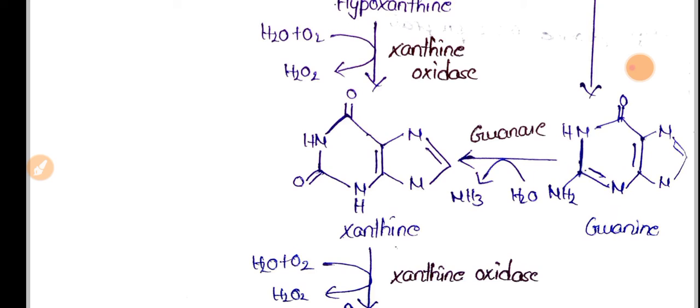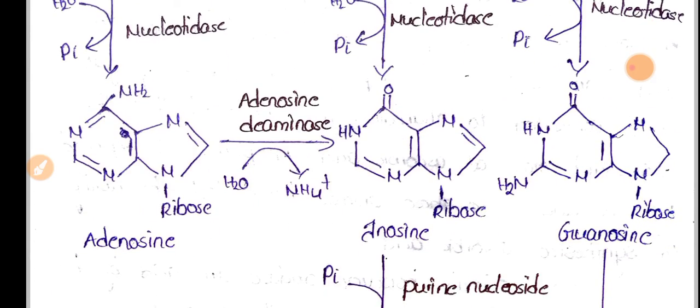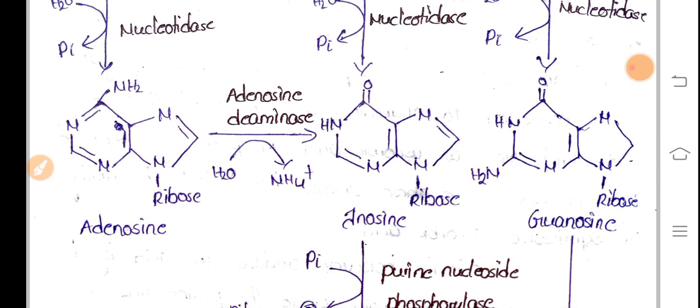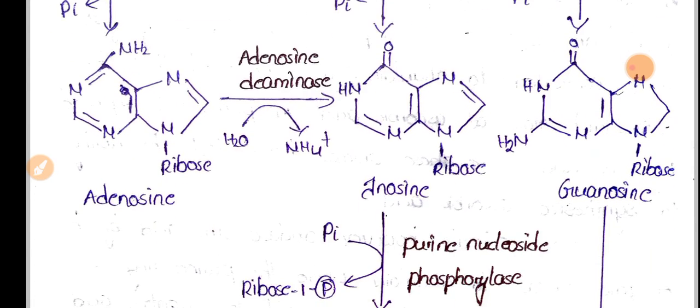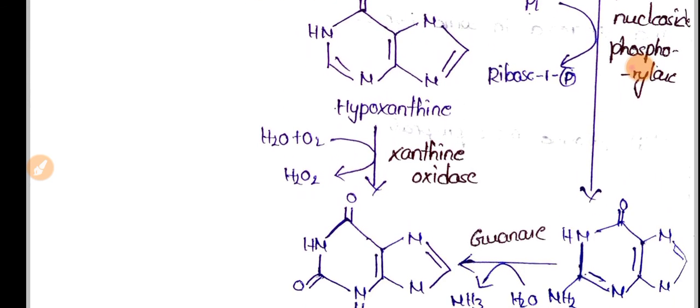During the reaction, H2O2, that is hydrogen peroxide, is released. It is again cleaved into H2O and oxygen. So this is about the inosine. Now guanosine, which is produced from GMP, is converted into guanine by the enzyme purine nucleoside phosphorylase.